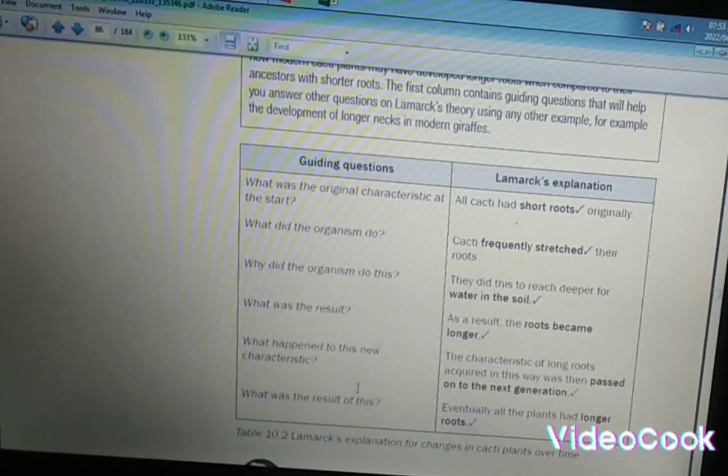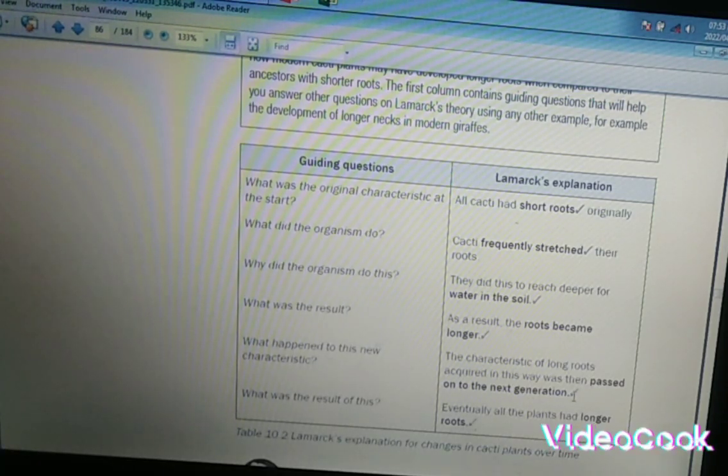But what happened to these new characteristics? The characteristic of long roots acquired in this way was then passed on to the next generation. Remember, Lamarck believes in acquiring characteristics during your journey of life. So the favorable acquired characteristics are passed on to the next generation. And the result is that we have plants with longer roots.